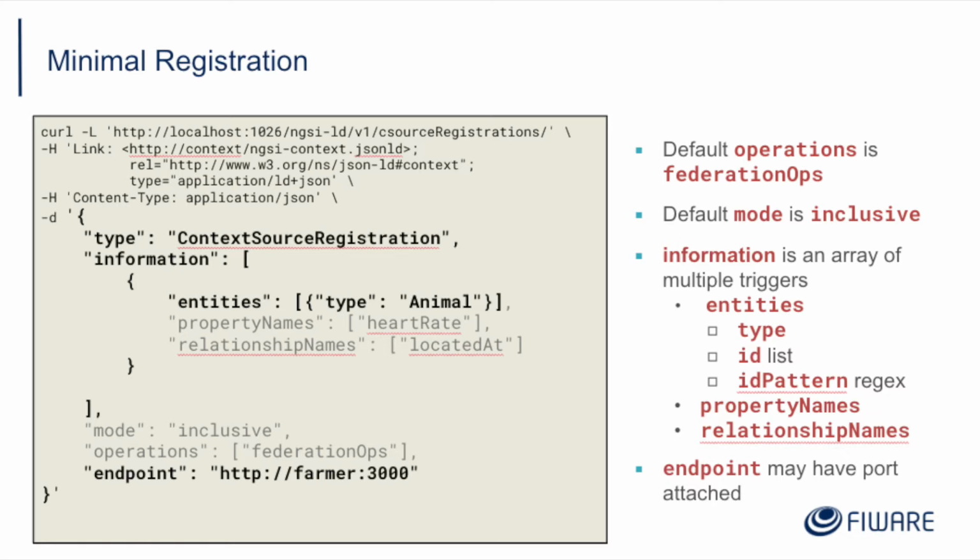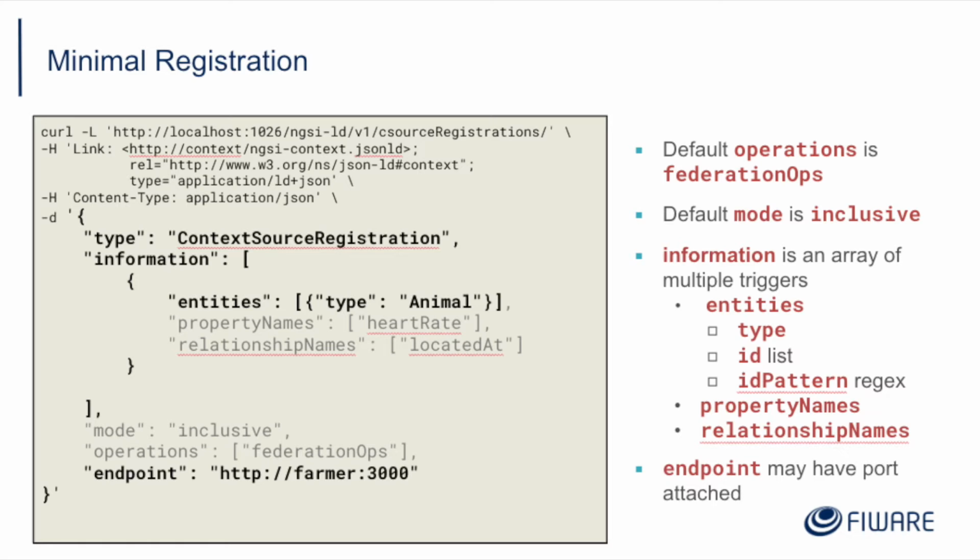Federation ops is read-only, because you expect that the system is running itself. They do the usual CRUD stuff, but I want to have access to some of their information. The mode is inclusive, because by default we're trying to get hold of all the information so that we can make a good decision.